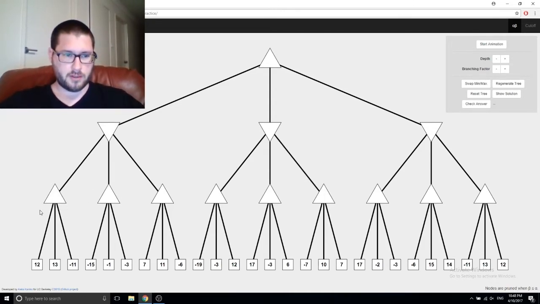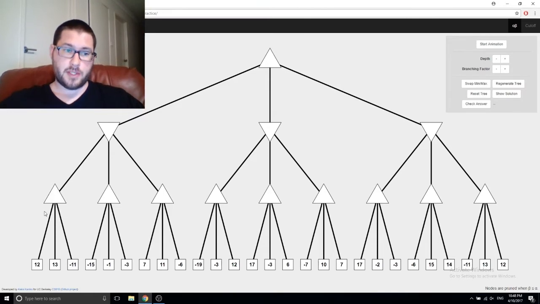So this next layer up, we can see that it's an upward pointing arrow. Take this one for example. If you're in this state, you have a choice between going to a state with a heuristic value of 12, or a heuristic value of 13, or a heuristic value of -11. Now remember that the higher the heuristic value, the closer you are to the goal state.